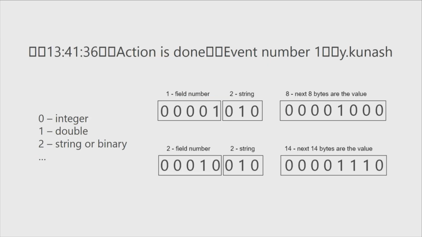Another thing presented in these 2 bytes is the field data type. Protobuf supports several data types, the most frequently used of which each have a number: 0 for integers, 1 for double, and 2 for string and binary.